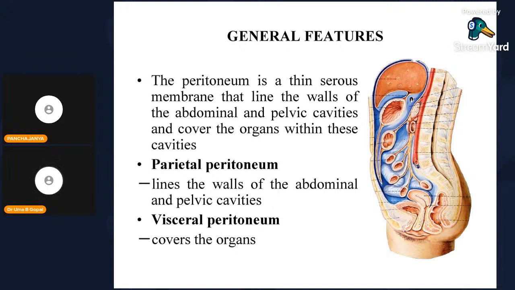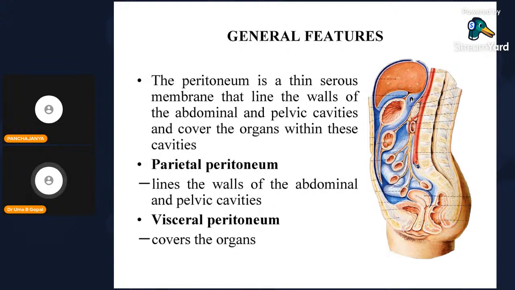Then you can see it is passing over the rectum, reflected over the uterus, fundus of uterus, anterior wall of uterus, superior surface of bladder, then again continues as parietal peritoneum. So these structures, rectum, uterus, urinary bladder, are subperitoneal structures, you can also call them.